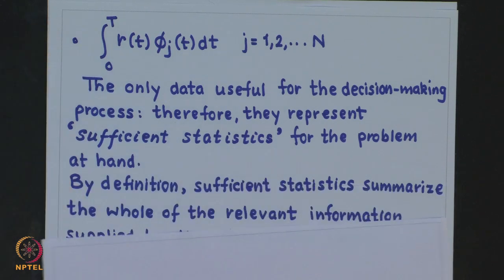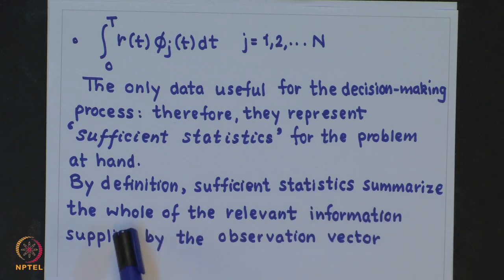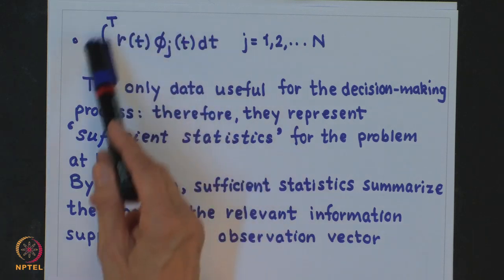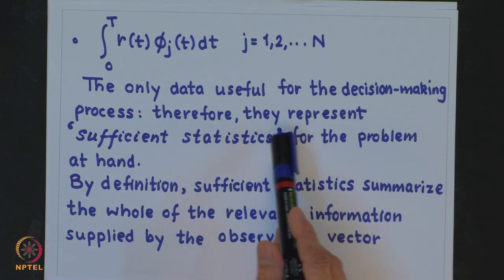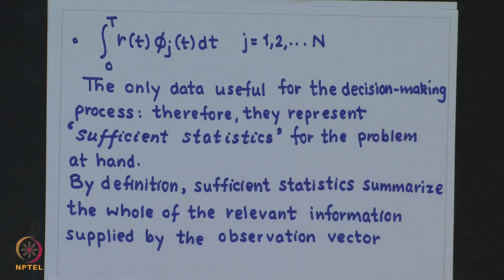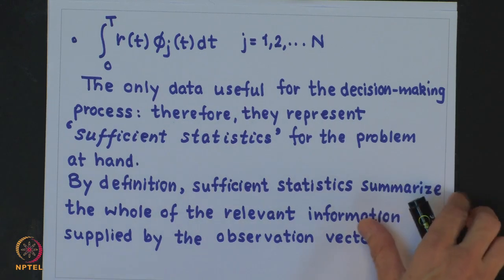By definition, sufficient statistics summarize the whole of the relevant information supplied by the observation vector. So, when we do this kind of projection, the noise components which fall outside the space represented by the orthonormal basis set do not affect our decision making process. So, it becomes irrelevant information.